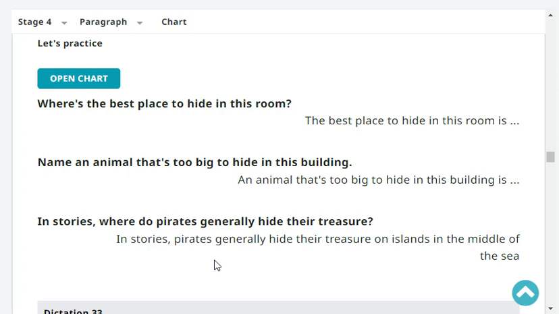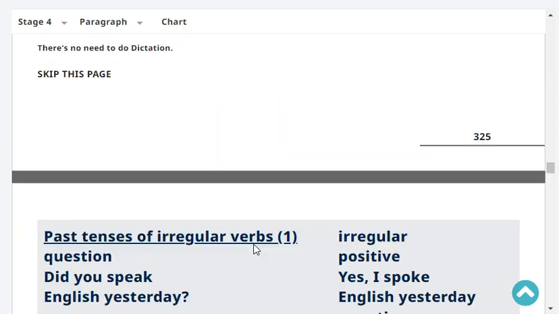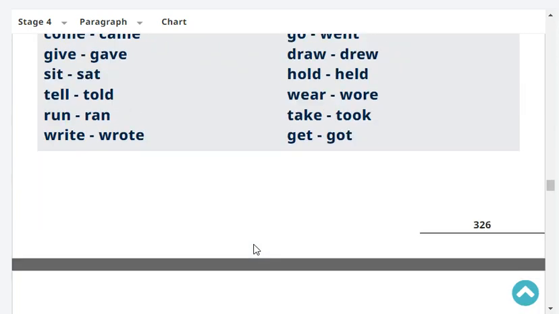In stories, pirates generally hide their treasures on an island in the middle of the sea. Very good.